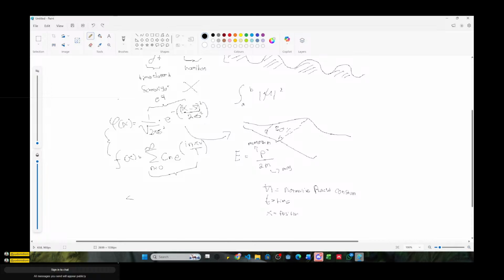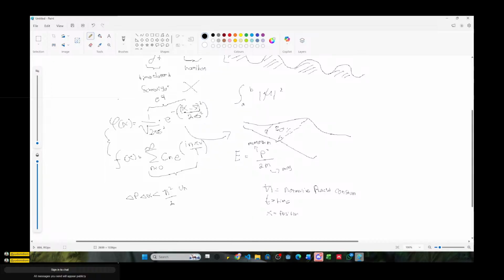The delta p and delta x is greater than the Planck constant over two.